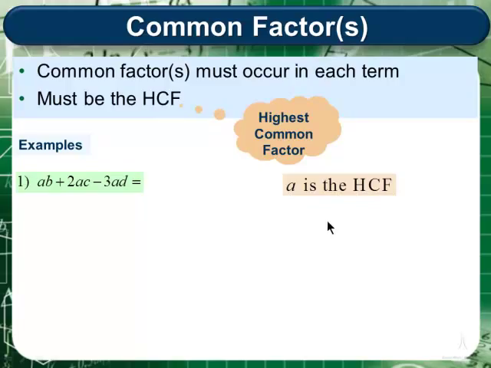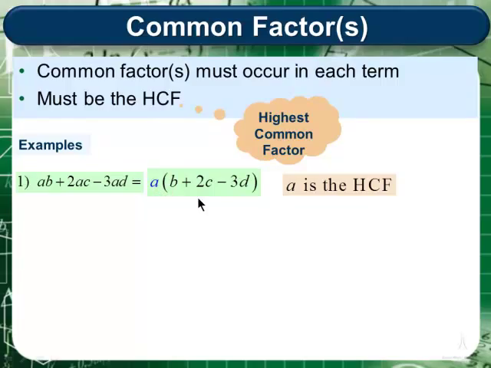If you remove the A as a common factor, this process is referred to as taking the common factor A out, we're left with a bracket, which means we have changed this expression consisting of 3 terms into an expression with a single term which consists of the product of 2 factors, A being one of those factors. In fact, A in this case is the highest common factor.